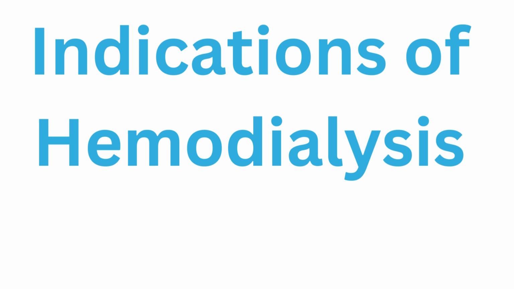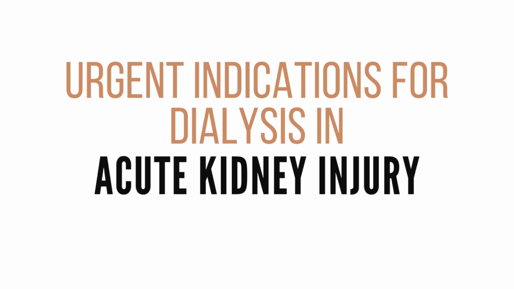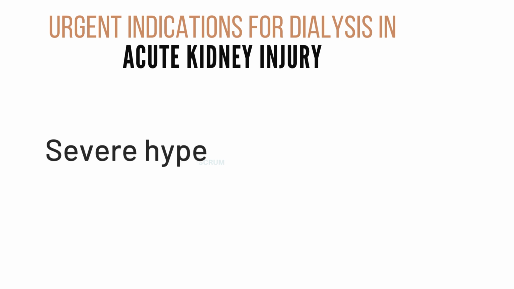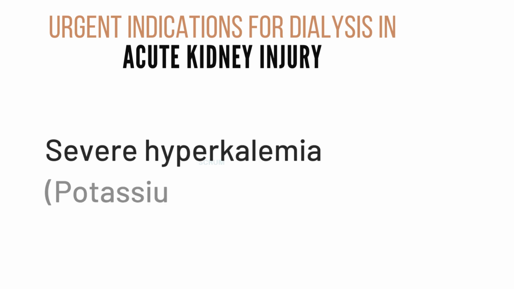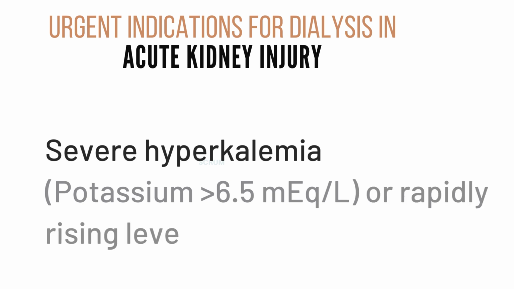Now, what are the indications of hemodialysis, when do we perform hemodialysis? If a patient is having acute kidney injury, he would need hemodialysis. If he is having hyperkalemia which is resistant to conservative treatment, or if the patient's hyperkalemia is severe and having ECG changes, it is an indication for hemodialysis.